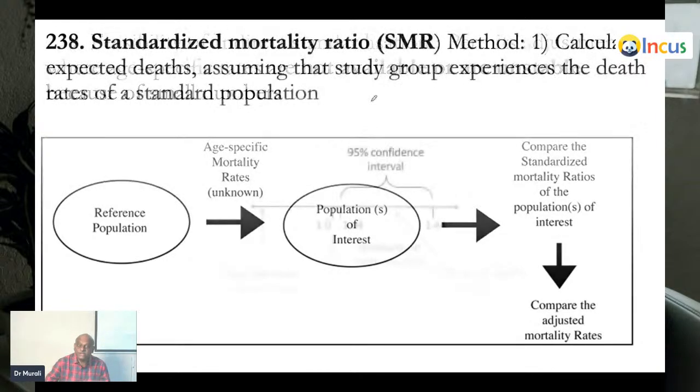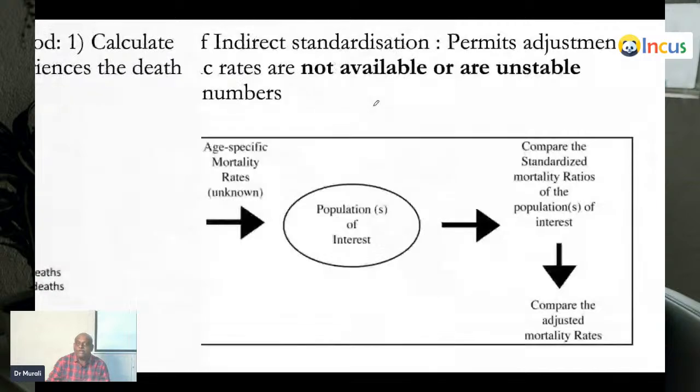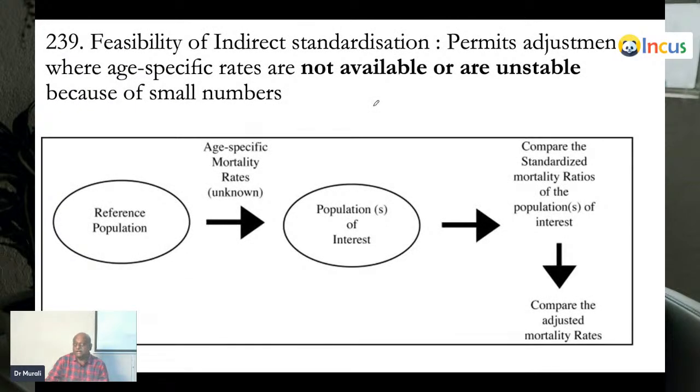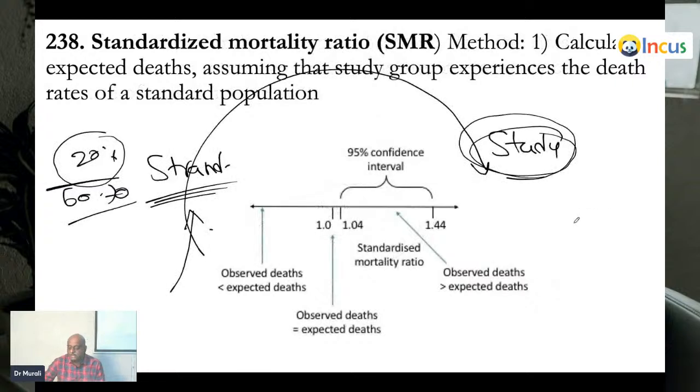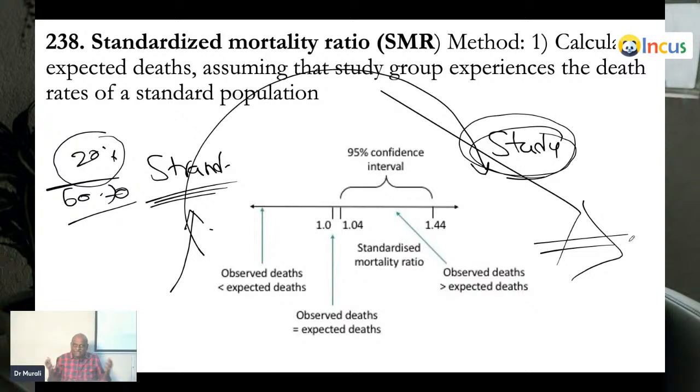So in direct standardization, what was the first important criterion required? We are assuming in direct standardization that we already know the death rates in each age group, right? Suppose we don't know that, then we will take one standard population similar to our study population, and bring their death rates and apply them here.